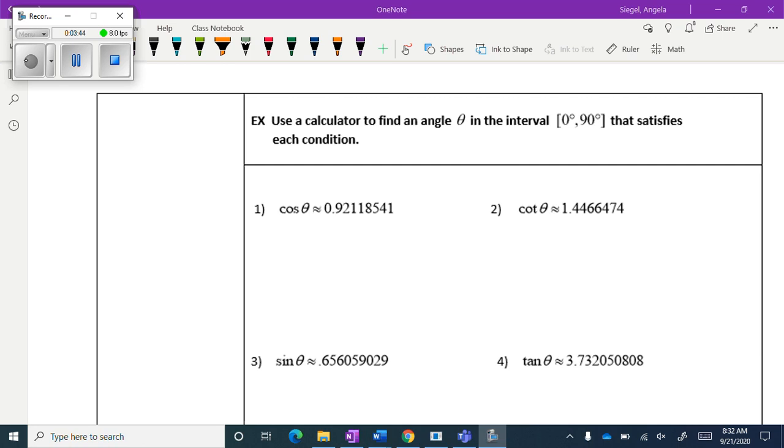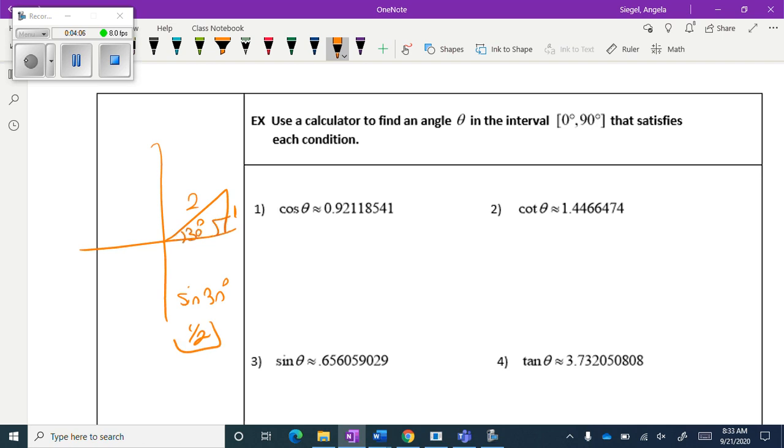Okay, for this section, we're going backwards. Let me give you an example. In the other section, we were given 30 degrees, and it wanted you to find the sine of 30 degrees. Well, the sine is 1 over 2, so my answer would be that fraction or the decimal equivalent of 1/2.